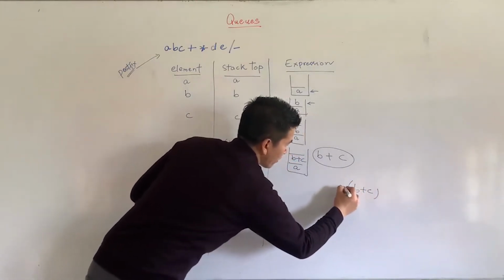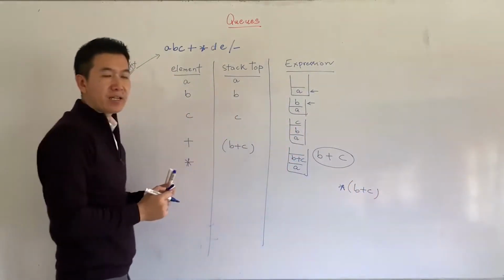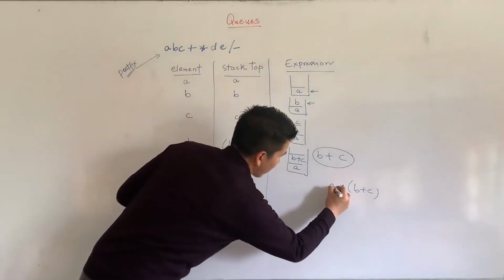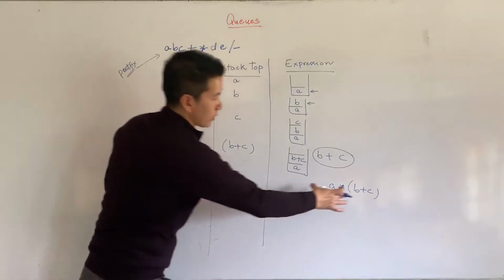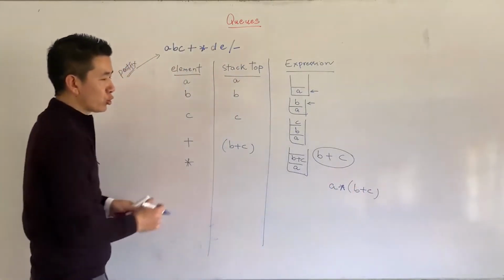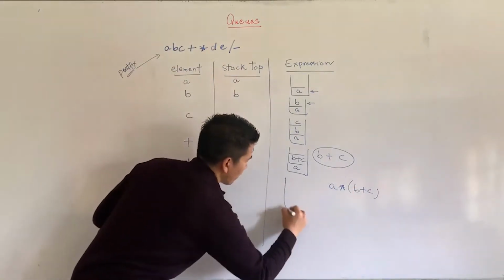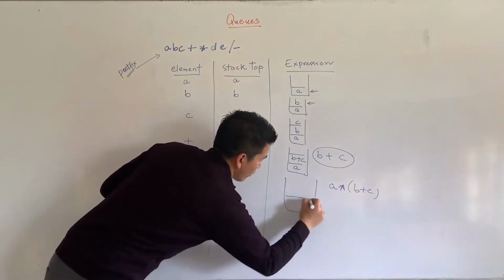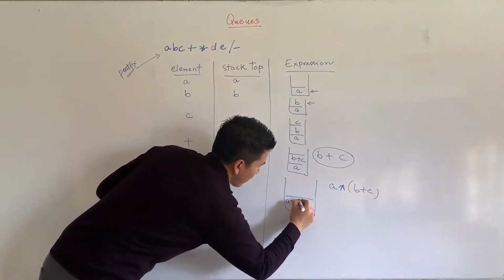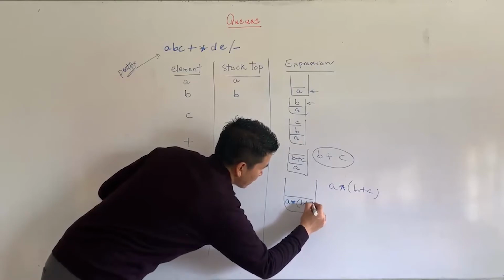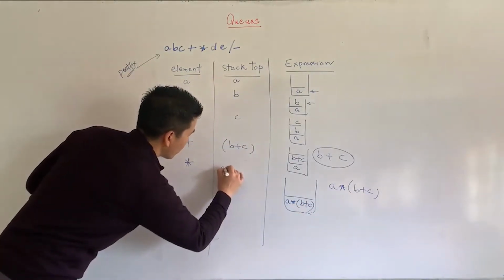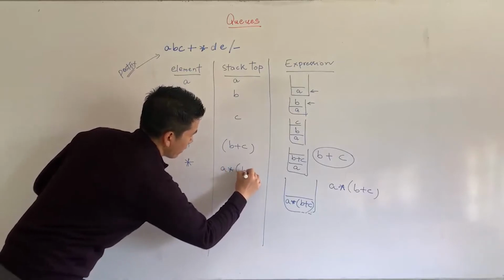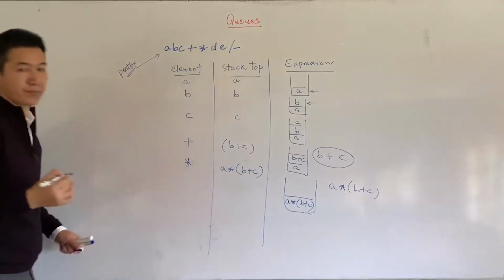And then this needs to be multiplied by the next element, and the next element is A, right? So the resultant expression should be pushed back onto the stack. So it will look something like this. You will have A multiplied by B plus C. Alright? So on the top of the stack, you will have A multiplied by B plus C.